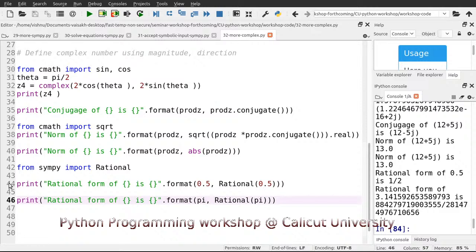Okay, I think that's it about symbolic Python and complex arithmetic. The Rational function from symbolic Python and LaTeX we have completed. Now the only thing remaining in this symbolic Python part is plotting. The plotting function is available in two major libraries in Python.